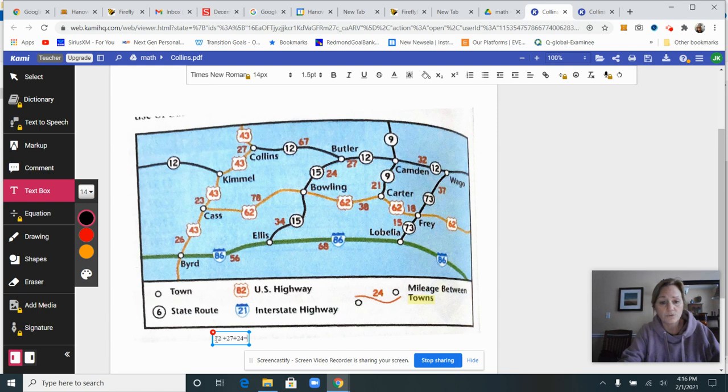So that equals, well, 7 and 2 are 9, 9 and 4 are, who's going to tell me? 13, carry my 1, 2, 4, 5, 6, 83 miles.